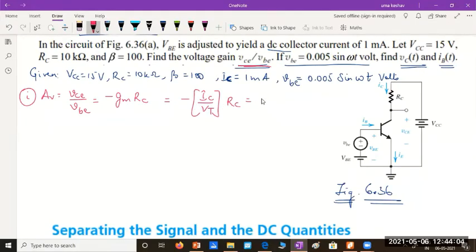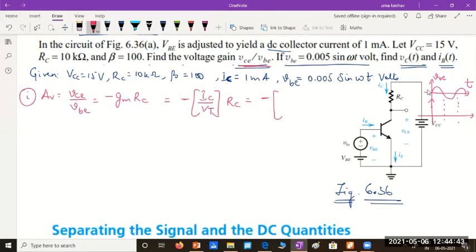IC is known. And please understand, what does this negative sign mean? Can somebody tell me the meaning of getting a negative sign here? Negative sign indicates a phase shift of 180 degrees.